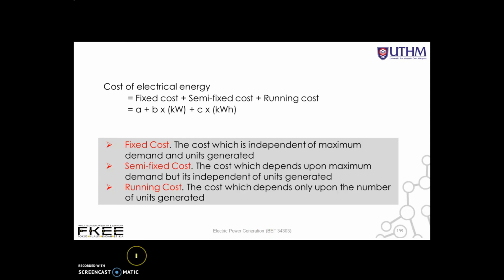So we look at this equation, the expression for the cost of electrical energy. The cost of electrical energy is equal to the fixed cost plus the semi-fixed cost plus the running cost: A plus B times kilowatt plus C times kilowatt hour.